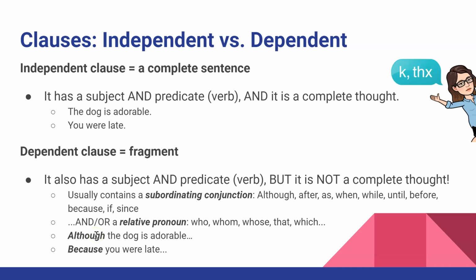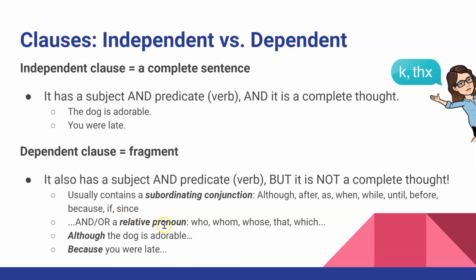Okay? Now it's a dependent clause, and now it leaves you hanging. I need more words added on to be able to finish it. Because you were late, you get the idea.